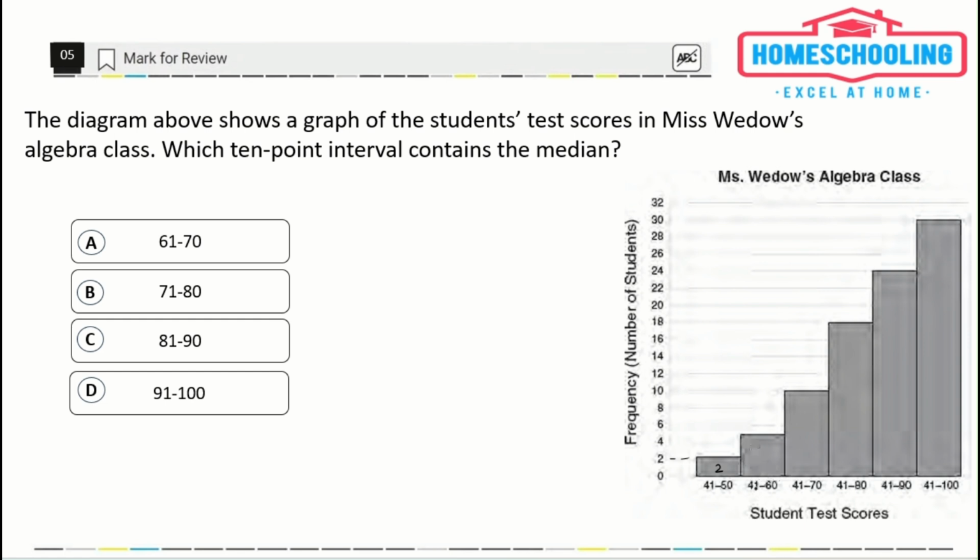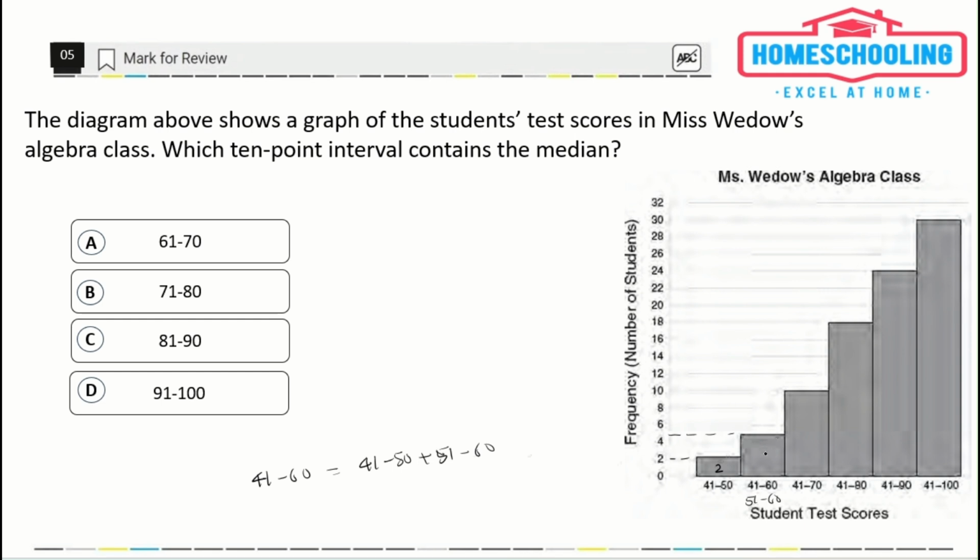Similarly, 41 to 60 is 5. But if you have to find 51 to 60, the total 41 to 60 is 5 and 41 to 50 is 2. So 41 to 60 is equal to 41 to 50 plus 51 to 60.